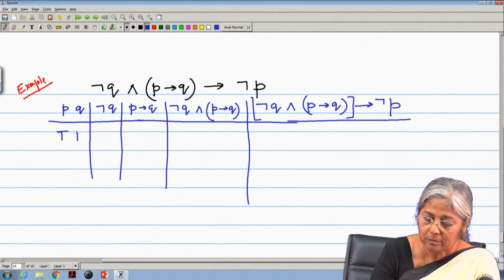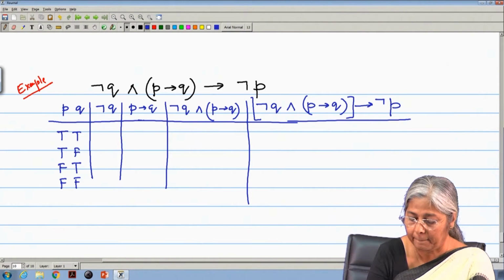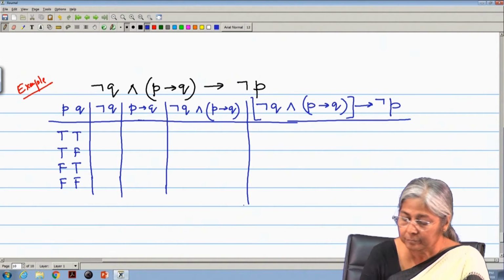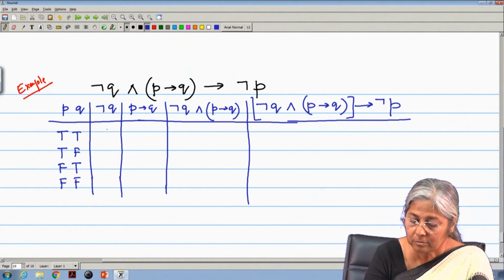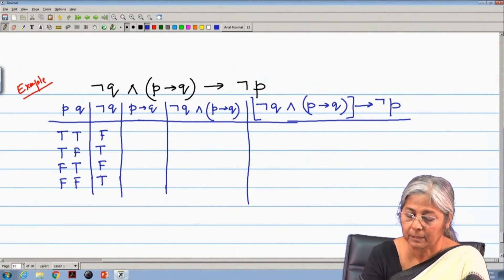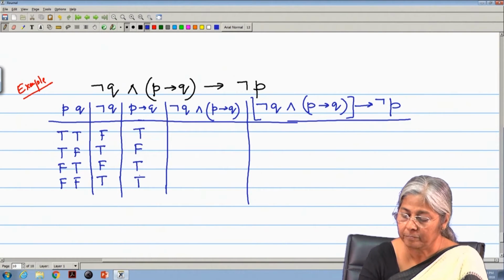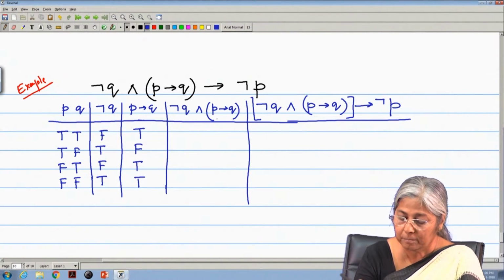So, I give T, F, F, T and F F. Now, negation Q. So, this will be F, T, F, T. P implies Q, T, T, T, F, T, T. Negation Q and P implies Q. So, F, F, F only, this one will be T.